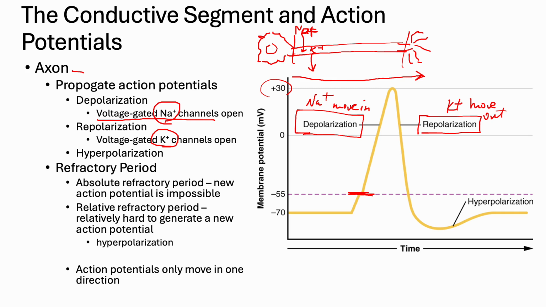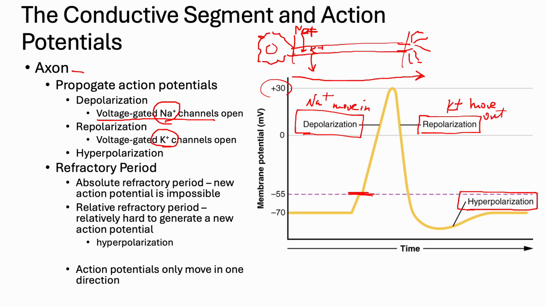The reason is what's called a refractory period, which means the segment that just had an action potential can't turn around and have another one. That occurs because of hyperpolarization, where the potassium channels that have opened cause the membrane to be more negative than negative 70 briefly.